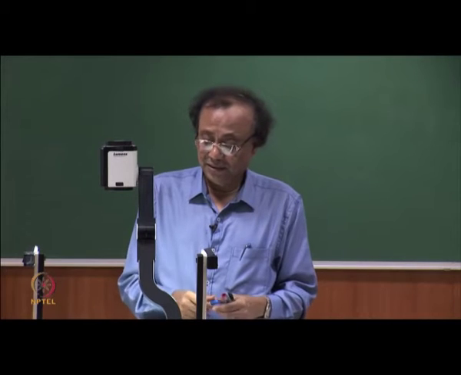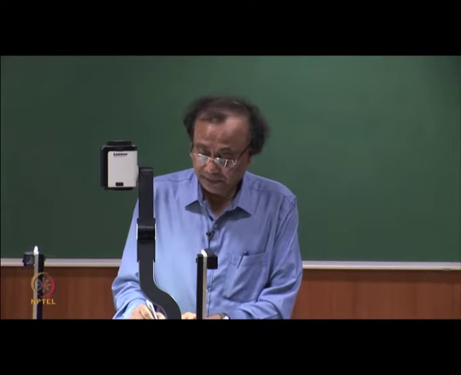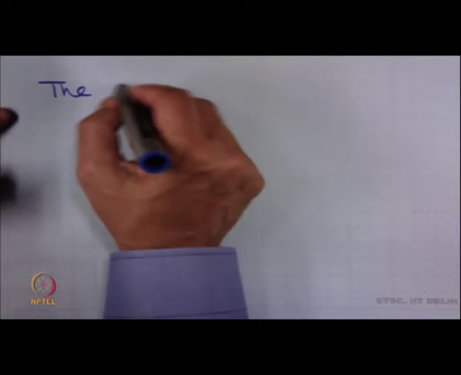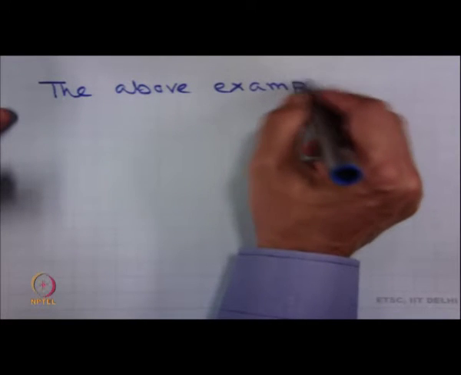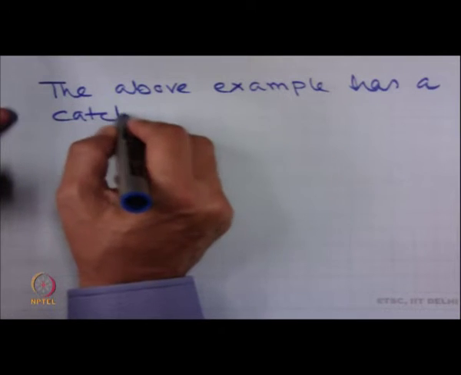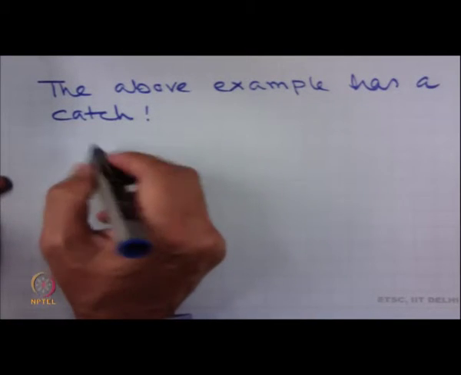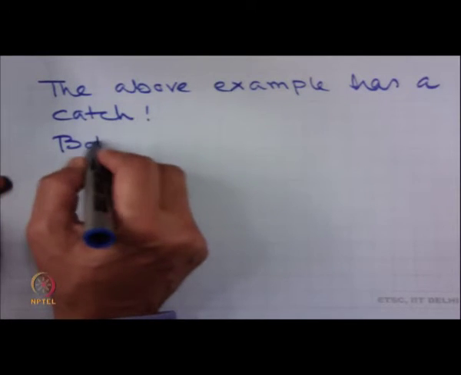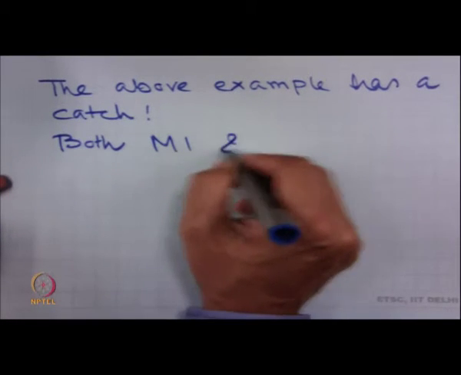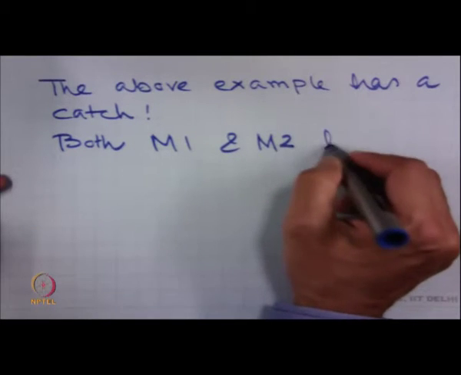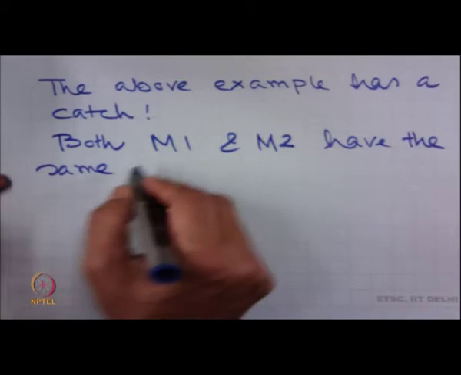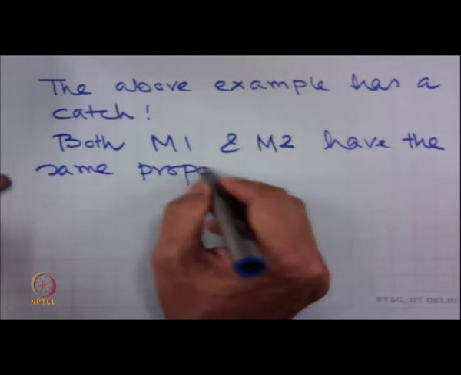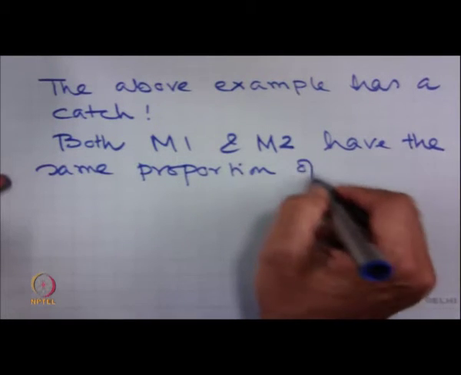Now, let us examine the example. What is that catch? That both M1 and M2 have the same proportion of defectives.